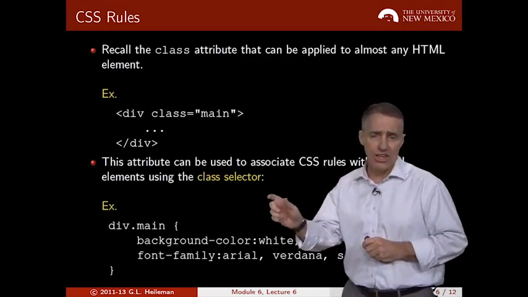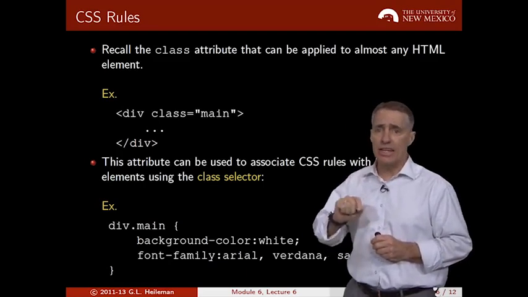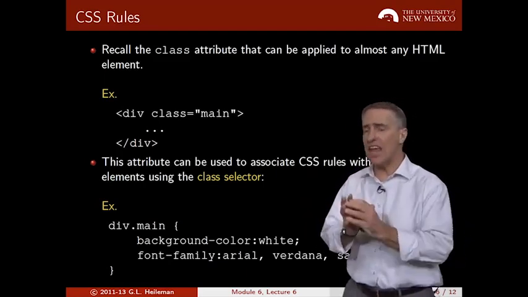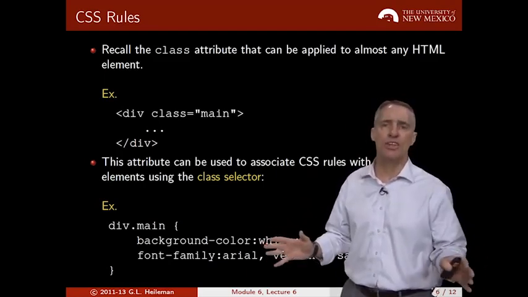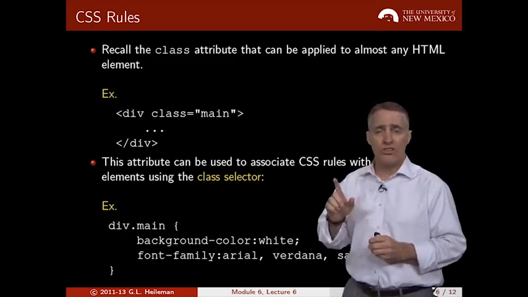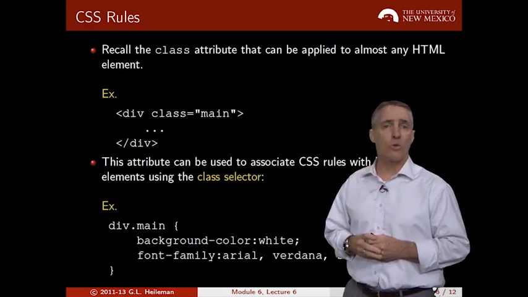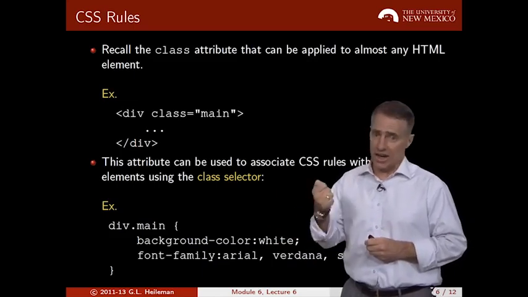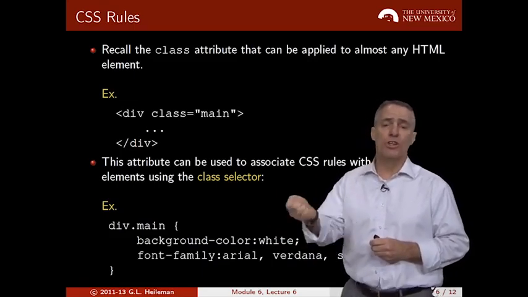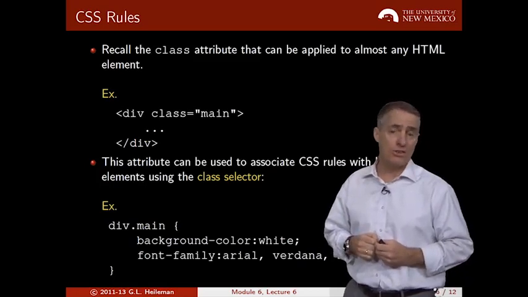So here I have div.main. I could leave the div off and just say .main, and then everything with class main would be styled. In this case, only those divs that have class main will be styled. And here I'm setting the background color to white, and then the font family to use Arial. If Arial's not available, use the Verdana font, and otherwise use sans serif.